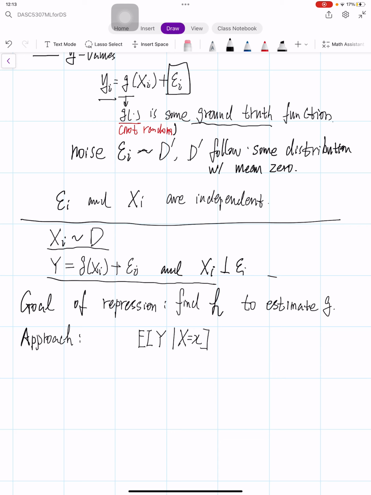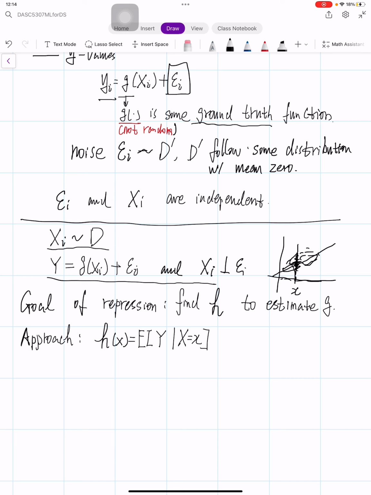For example, in linear regression, if you have a bunch of dots, then for each given x we have a whole distribution for y. We have a lot of data points for each x, and then we take the average. So this is our regression line. As we move x along the x-axis, we get a regression line. So this is the conditional expectation, and it is a function of x.